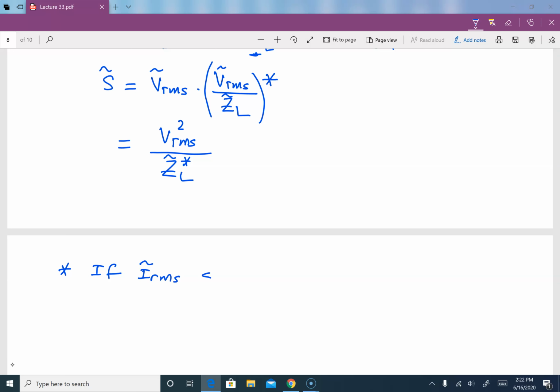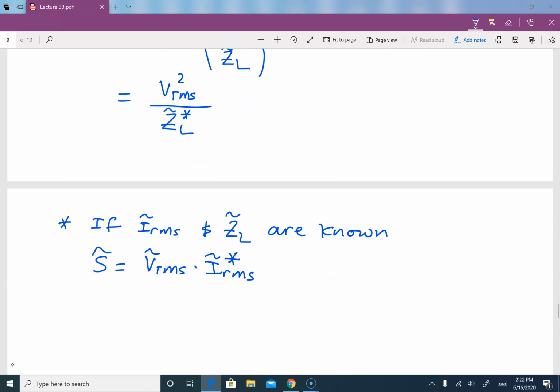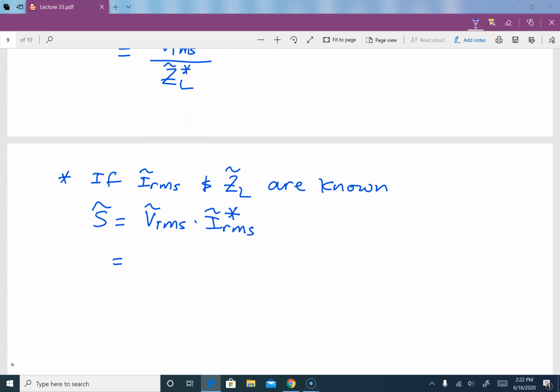And the third one, if IRMS and ZL are known, then our S is equal to VRMS times IRMS conjugate. In this case, VRMS is not known, but IRMS is known. So VRMS is equal to ZL times IRMS.